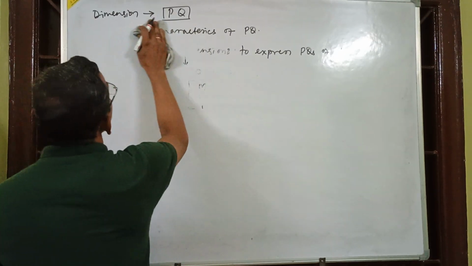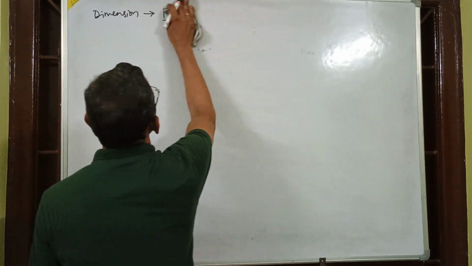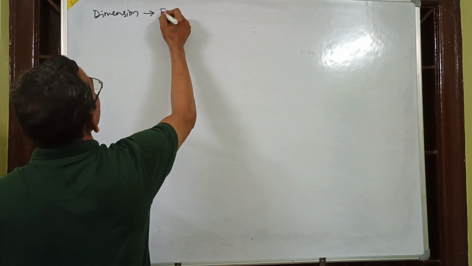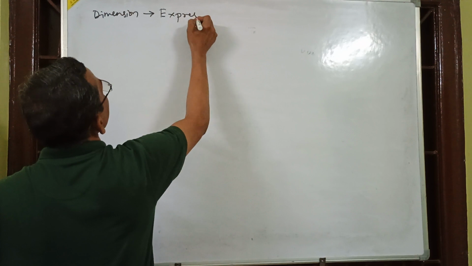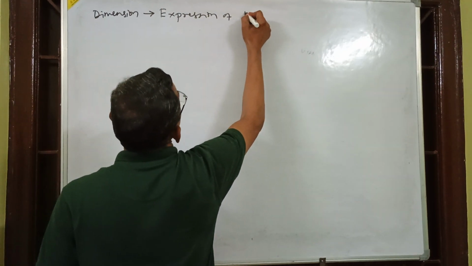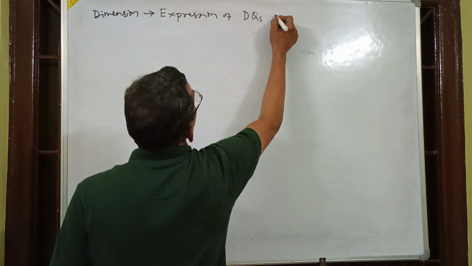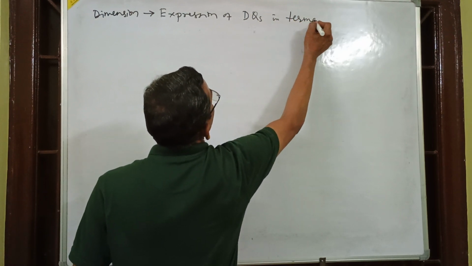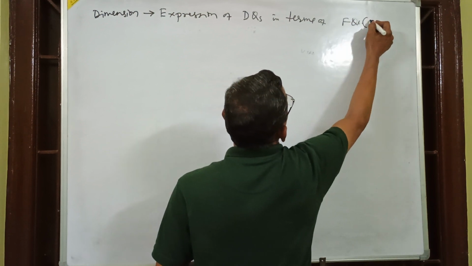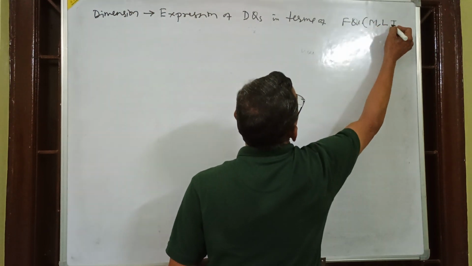Now, the dimension of any derived quantity is the expression of derived quantities in terms of fundamental quantities. Fundamental quantities are M, L, and T.